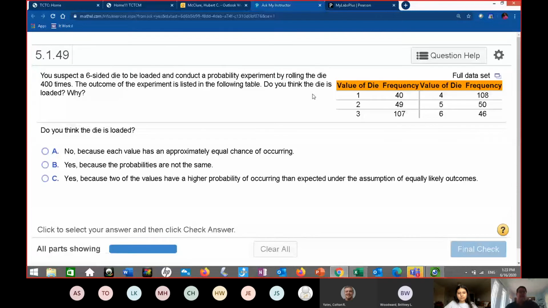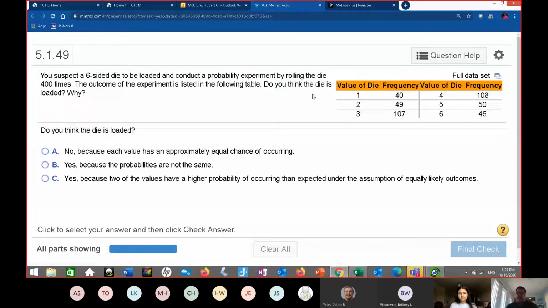Okay, I think we went over this one before, but we'll go over it again. Why? Because it's a test question, and it's also a standardized test question. You suspect a six-sided die to be loaded. Well, first of all, you're rolling it 400 times.